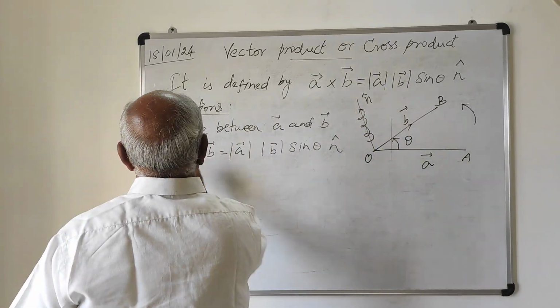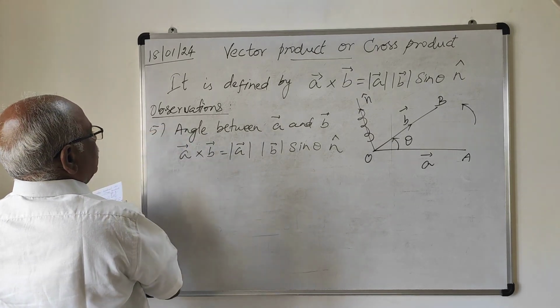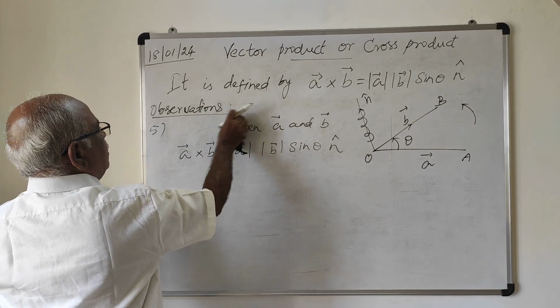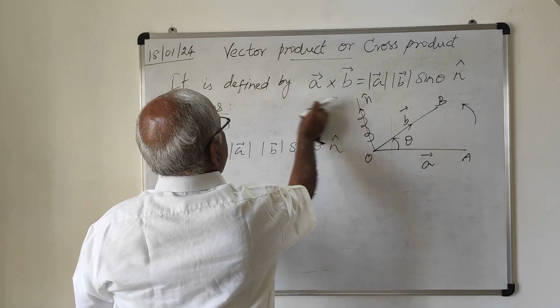Fifth observation is the unit vector n cap. How to find the unit vector n cap?